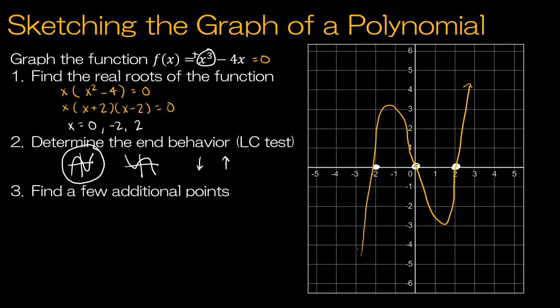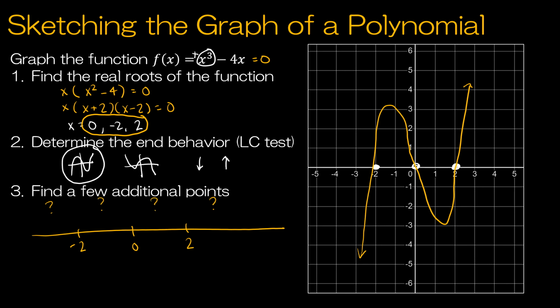But it's always a good idea to take your entire domain and to separate it into intervals. So by intervals, I mean let's use negative 2, 0, and 2 as endpoints. If I took my entire number line, negative 2, 0, and 2, and said, what's happening here, what's happening here, what's happening here, what's happening here, I'm going to get a much better idea of what my graph's going to look like.